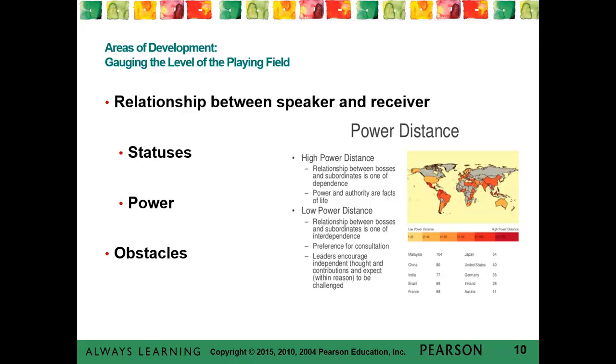And that means that usually in our American core culture, we tend to try to value the opinion of the receiver. We try not to have these large power distances between people, for example, bosses and subordinates. But if you take a look at some other countries around the world, they do have this high power distance, for example, countries in South America and parts of Asia. And that can have a huge impact on how included or how empowered that people who don't have a certain status might feel.